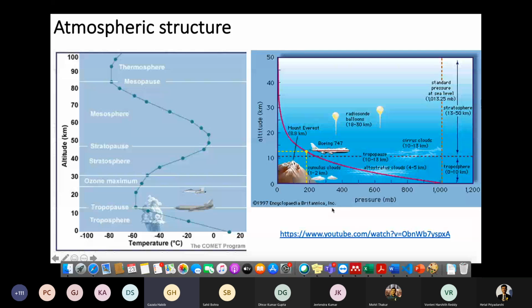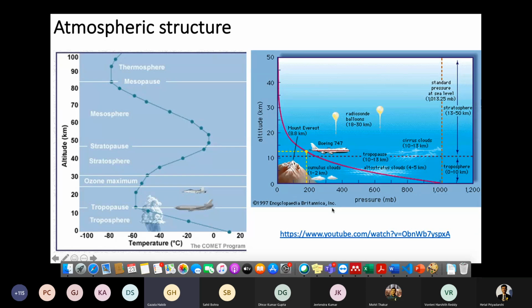Okay, so atmospheric layers. The question was how the temperature is changing in the atmospheric layers, and what is the reason for increasing or decreasing temperature in different layers. So let's start from the lowest layer, which is the troposphere.